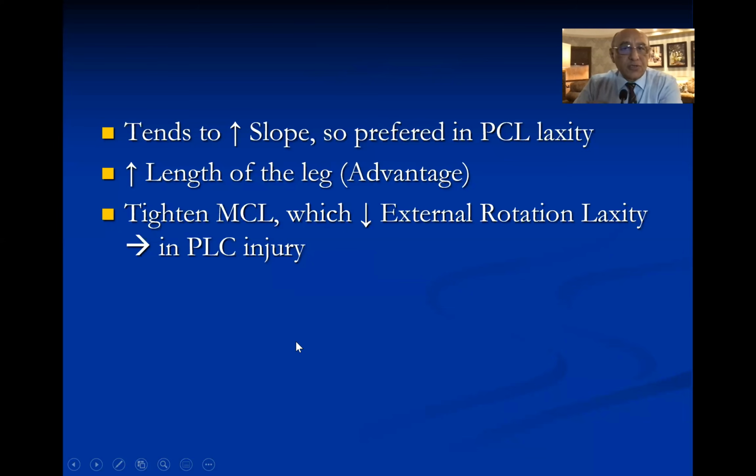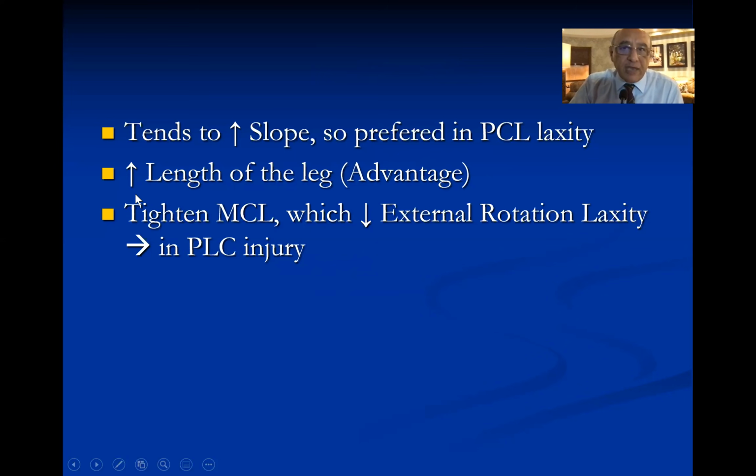The medial opening wedge osteotomy tends to increase the slope because we tend to open the gap more anteriorly rather than posteriorly. So it is an advantage in posterior cruciate ligament laxity. When you increase the slope, you prevent posterior subluxation.